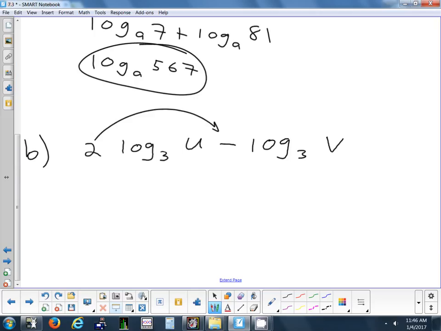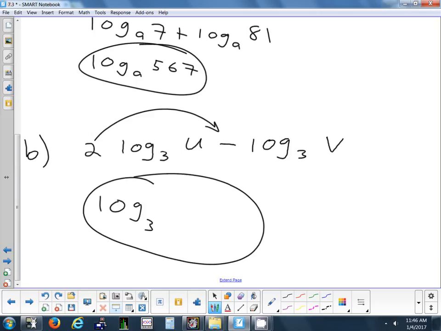Yep, put the 2 back. And what would you get for the final answer? We would get log base 3 of u to the second over v. Divided by v. You're going to have division in this one because we got subtraction.